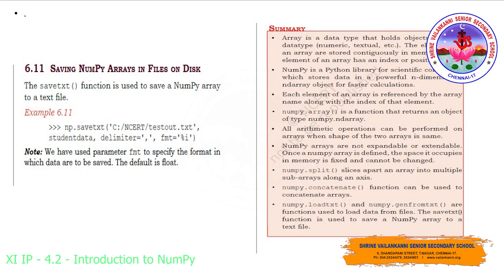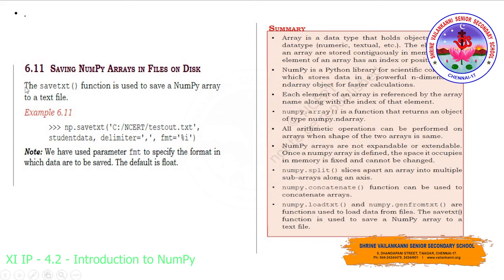And finally, saving numpy arrays in files on disk. How to save numpy arrays directly to files on disk, that is what we are going to discuss now. Using the savetxt function, we can save a numpy array to a text file. That is, when you're working with a numpy array, you can save those array values directly as a text file.